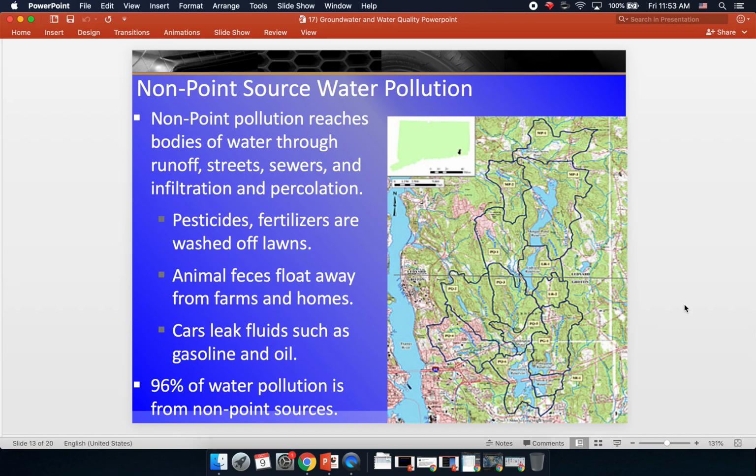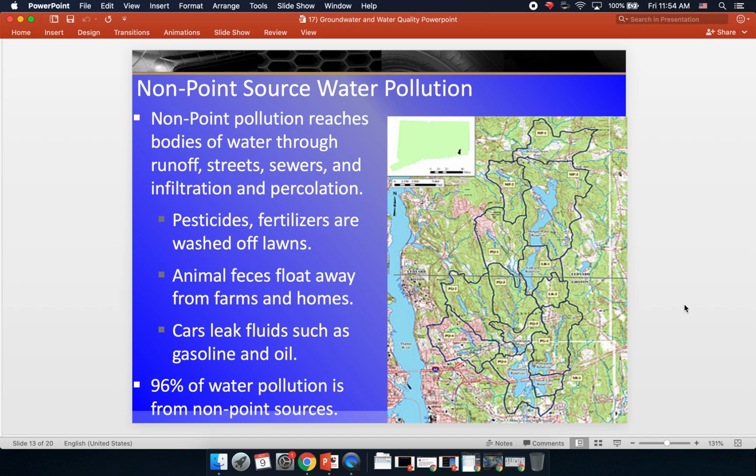A lot of times when we think about water pollution, we think about point source pollution sources because, like I said, they're more readily identifiable. And we know in the past measures have been taken to prevent factories and farms from polluting the water.